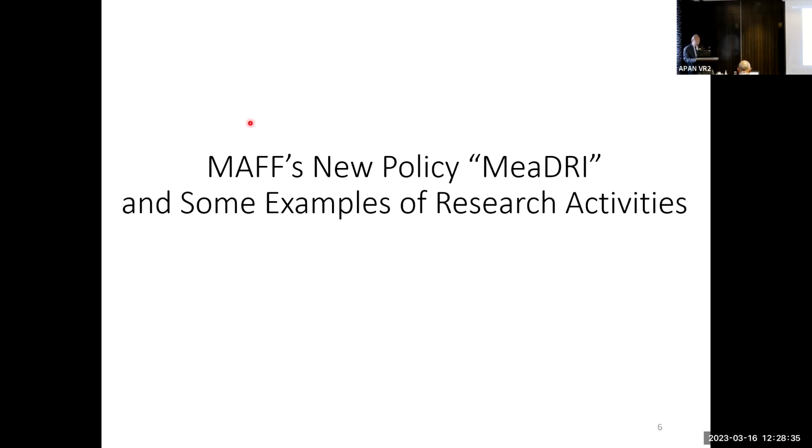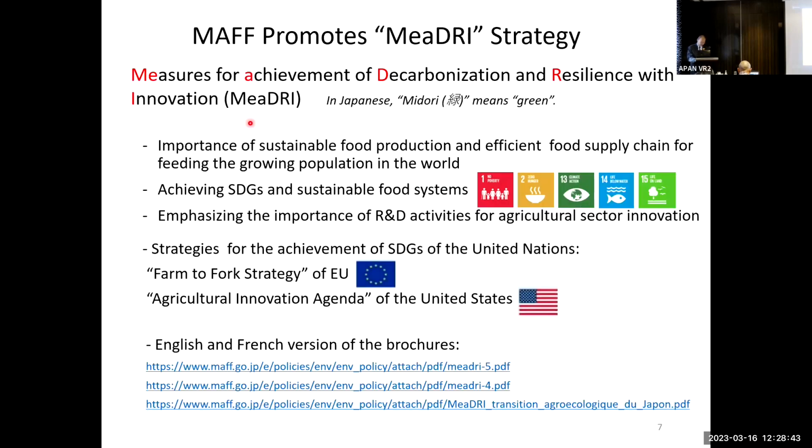Now, I would like to talk about the recent policy of the ministry very briefly. The ministry promotes MIDORI strategy. The real English title is rather long, but in Japanese we say green strategy because midori means green in Japanese.